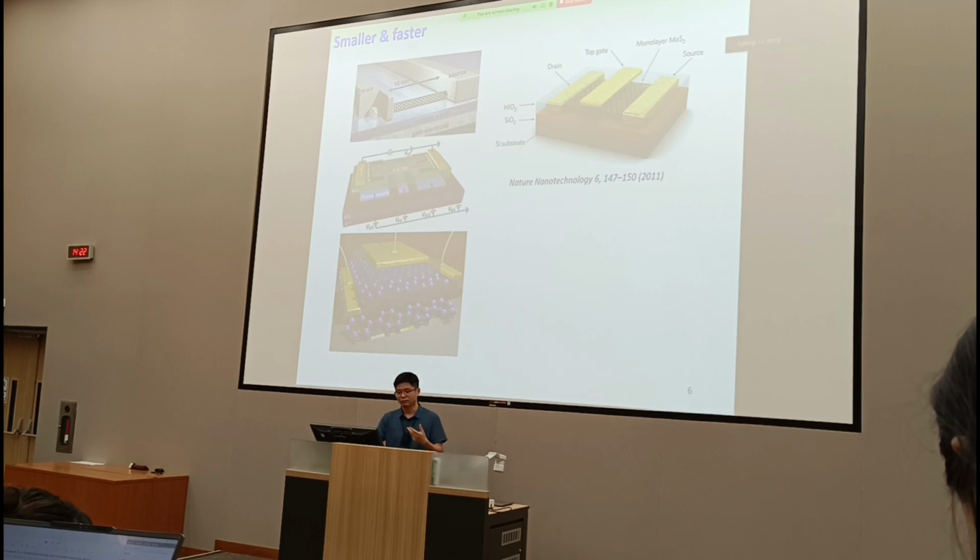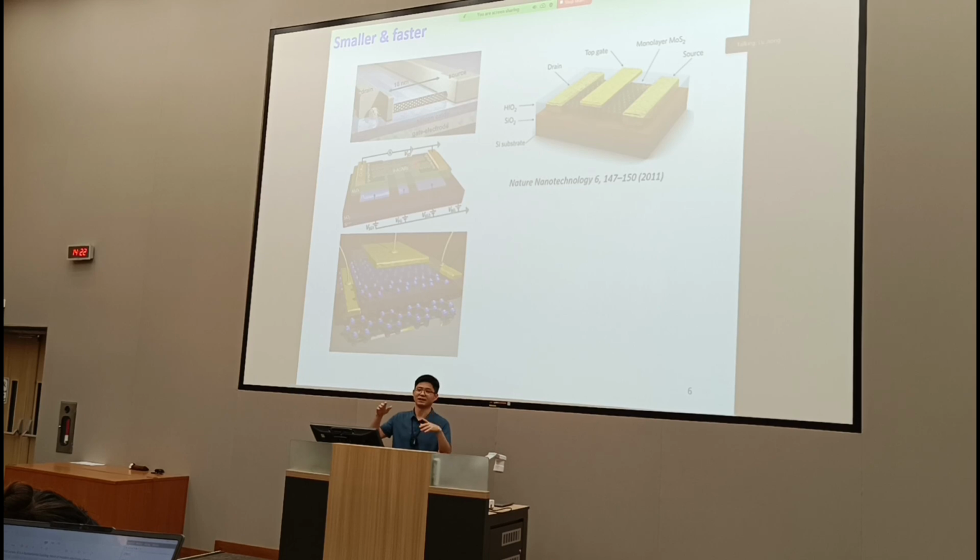For silicon, it's a three-dimensional bulk material. You cannot make it like a single layer of silicon, with this sp3 type of hybridization, because it will eventually collapse. So certain elements with certain bonding configurations can be stable as two-dimensional materials.